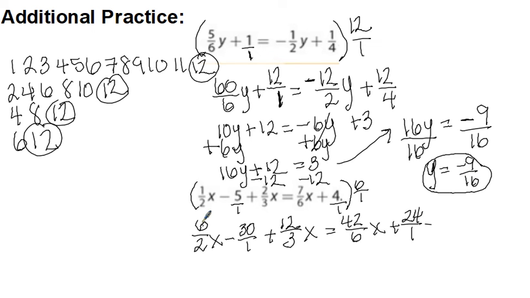All right, I'm going to reduce. I get 3x minus 30 plus 4x equals 7x plus 24.